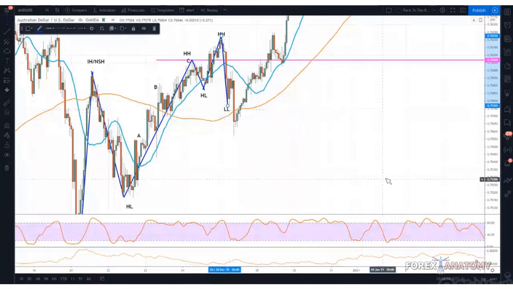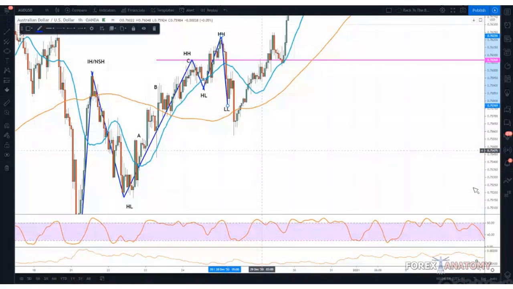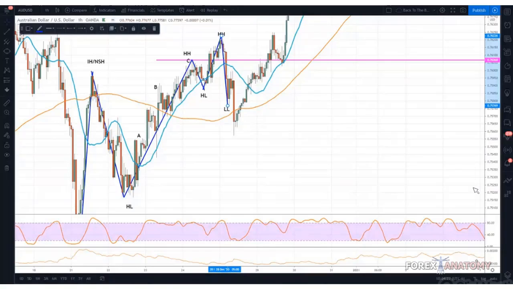So after an impulse, what do we expect? After an impulse or a thrust in price, what do we expect to happen next? We expect another what?